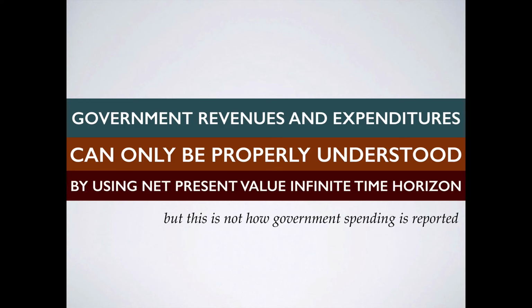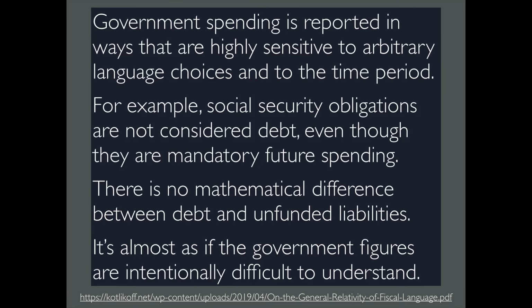Let's explore that. Government spending is reported in ways that are very highly sensitive to arbitrary language choices and to the time period. For example, Social Security obligations are not considered debt, even though they are mandatory future spending, meaning we have to spend money in the future, just as if we borrowed money, we would have to repay it plus interest.